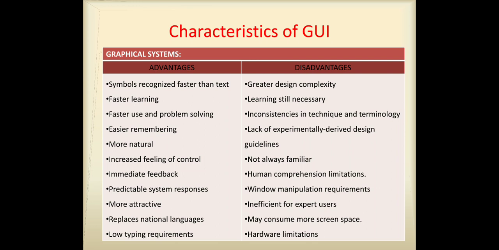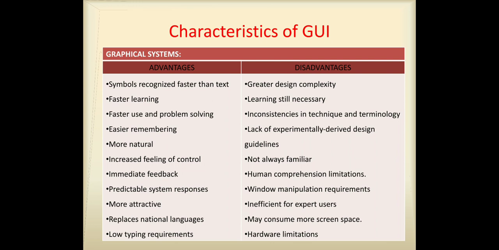So many different techniques, terminologies, and look and feel exist among various graphical system providers and even among successive versions of the same system. So the user has to learn or relearn again while shifting to the next terminology.